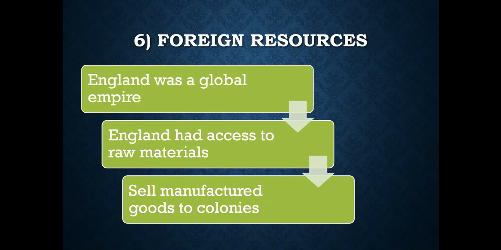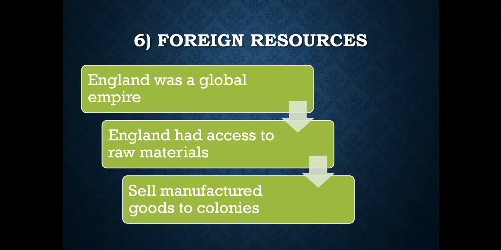The sixth reason why Great Britain became, I would say, the mother of the Industrial Revolution is because of foreign resources. As you may know, and you have probably studied this already, England was a global empire.